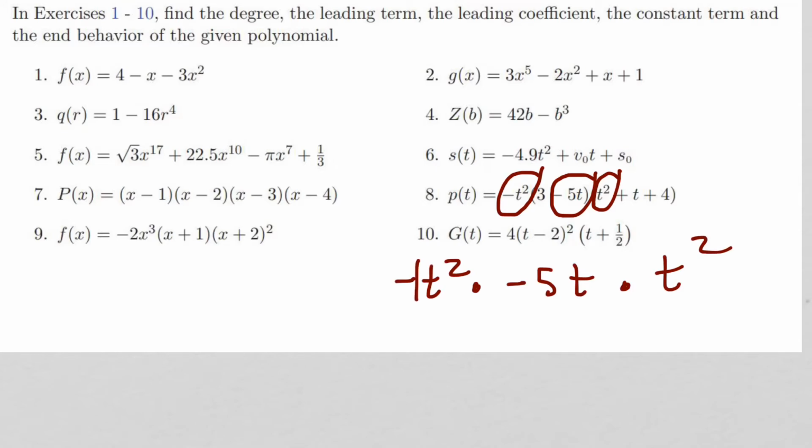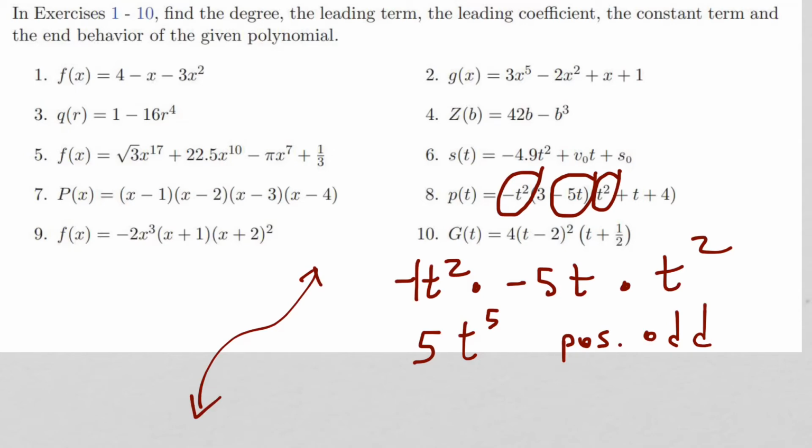Negative 1 times negative 5 is 5, and 5 times 1, so the coefficient of my highest degree term is going to be 5. Then t squared times t is t cubed, and t cubed times t squared is t to the 5th. So this is a positive odd function. A positive odd function is going to have down, up behavior. So that tells me my end behavior: as x approaches negative infinity, y approaches negative infinity. As x approaches positive infinity, y approaches positive infinity.